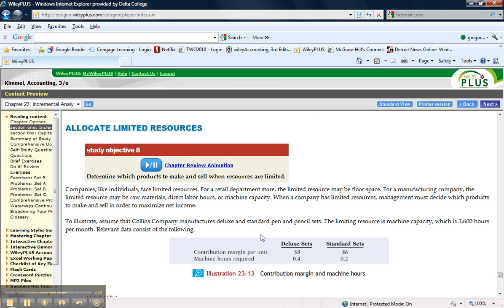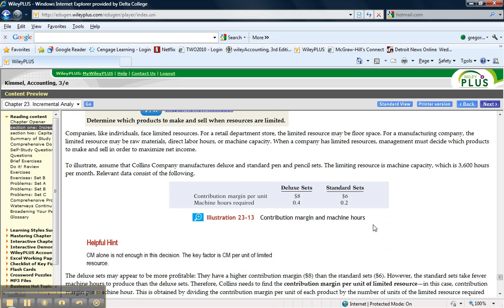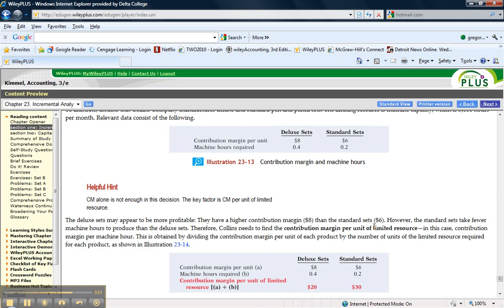If you can only use your resource to produce one thing, what should you use it to produce? So which thing is more profitable to you? This situation walks you through a company that manufactures pen and pencil sets. There's deluxe and standard sets, and they're going to explain to you how to choose whether or not you should produce deluxe or standard sets.